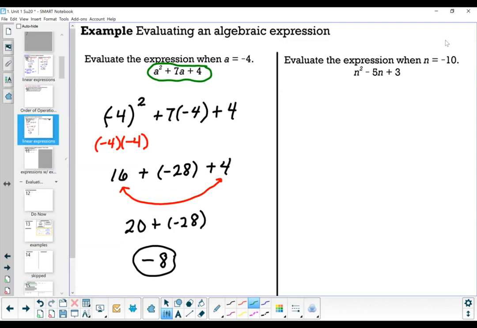So for the first term, I'm going to put parentheses. And it's going to be squared outside of the parentheses. So that's for the n squared. So what goes inside of there? -10. Then we have -5 and a set of parentheses for n.